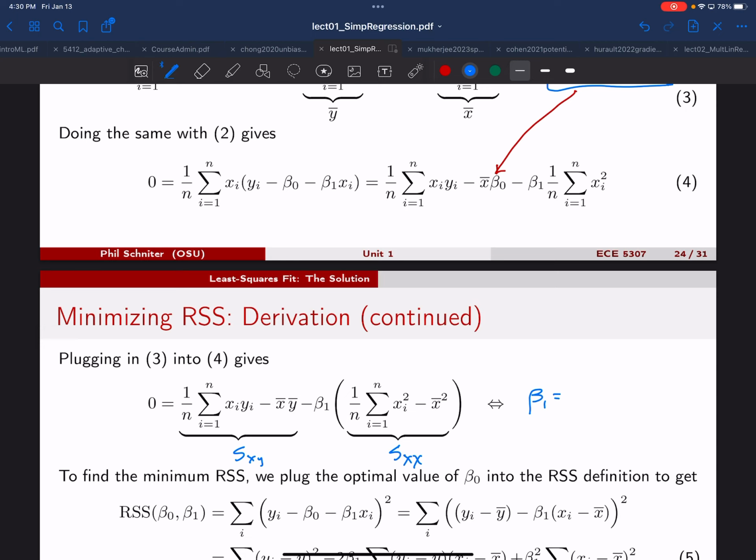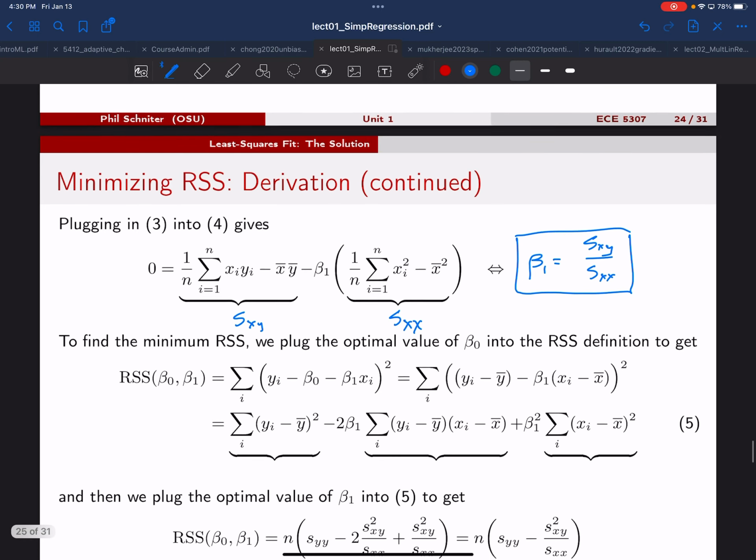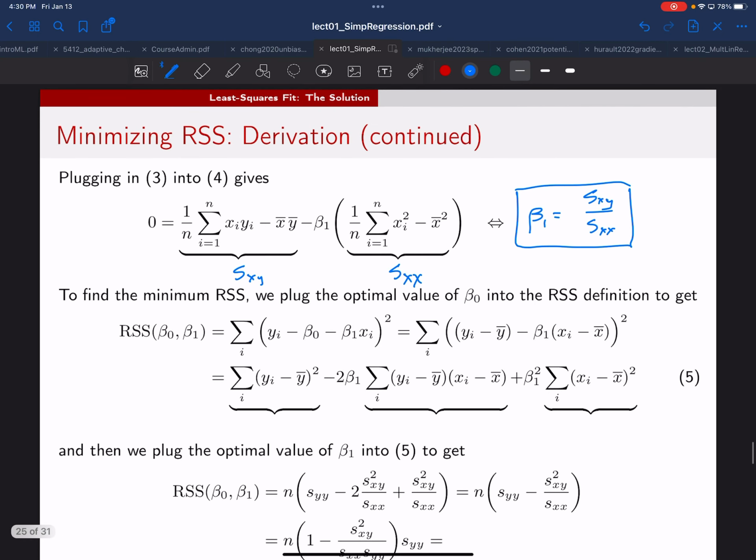We just rearrange, and we find that beta 1 is Sxy divided by Sxx. Okay, so we found the coefficients we were looking for.